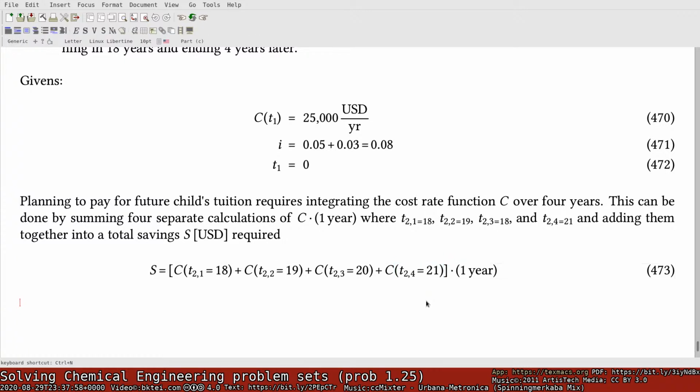But yeah, finding the total cost, and each individual cost, will be useful to have, I think. Let's do that. So calculate each tuition amount for the child's 4 years of university.